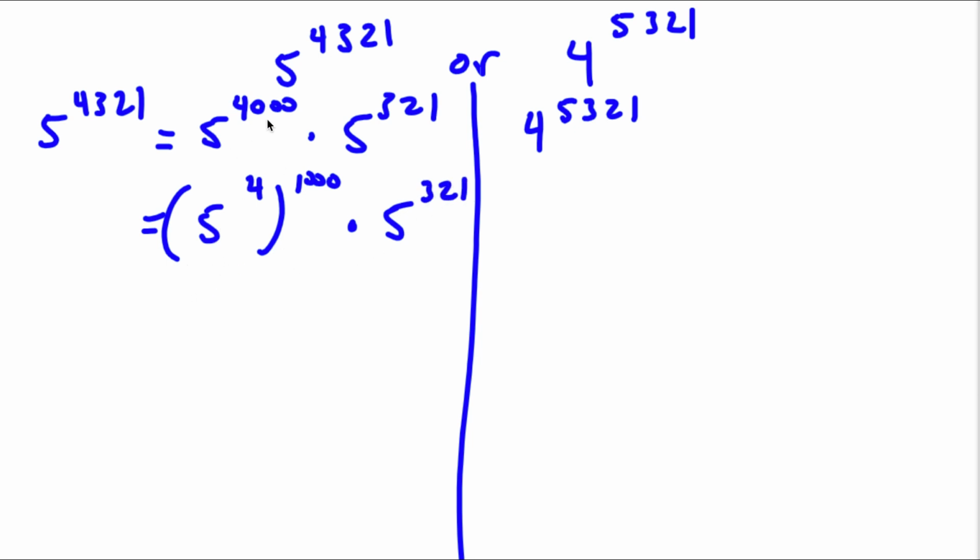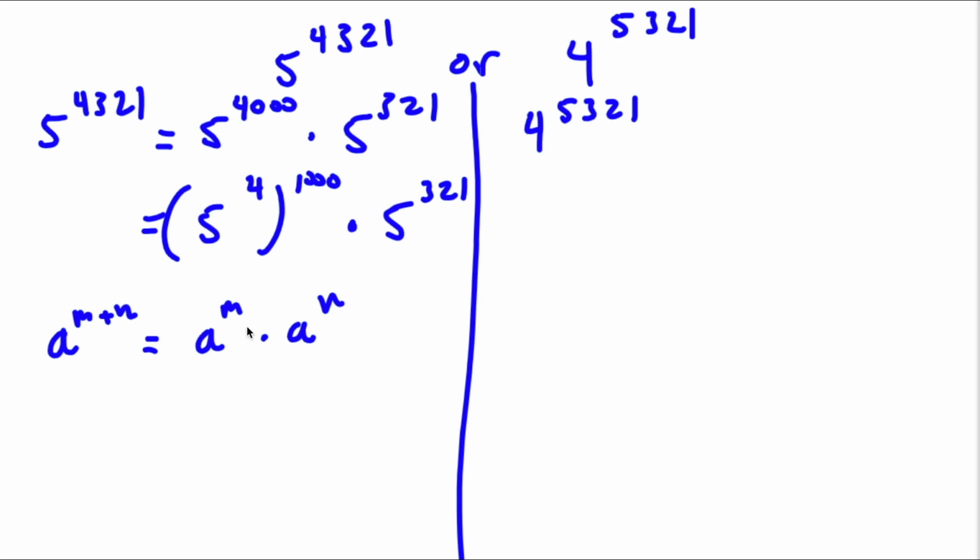And by the way, these two are true because if I have something in the form a to the power of m plus n, this is equal to a to the power of m times a to the power of n. So in this case, 5 to the power of 4,321 was the same as 5 to the power of 4,000 plus 321. So that's why I wrote it as 5 to the power of 4,000 times 5 to the power of 321.